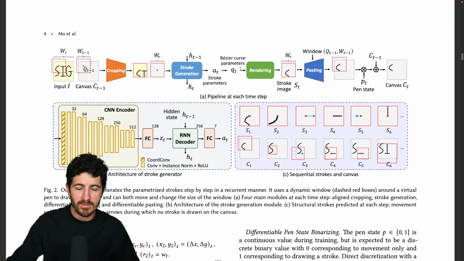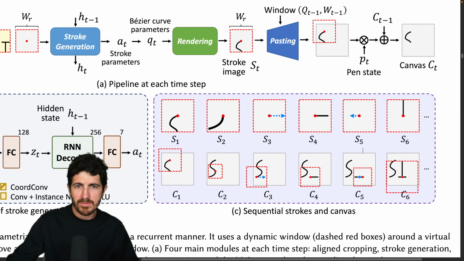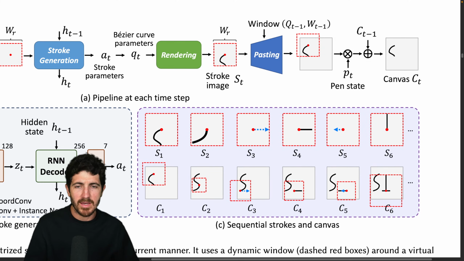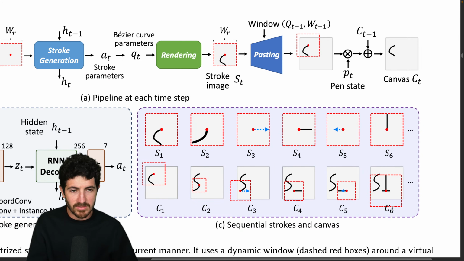And then from there, they pass into what you see on the right, which is rendering. So they have the stroke image, and then C is the canvas. So this is pasting on the canvas. Okay, so this on the top, S is differential rendering, and C is differential pasting.